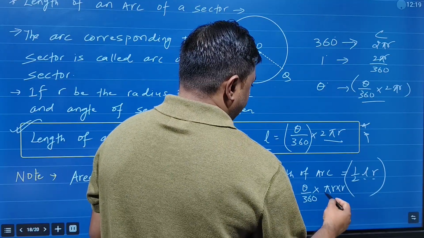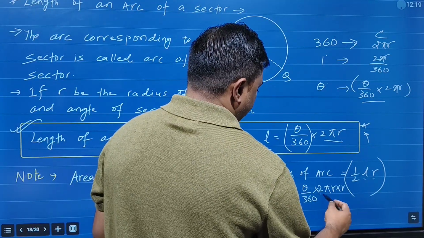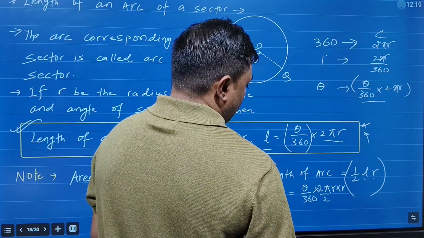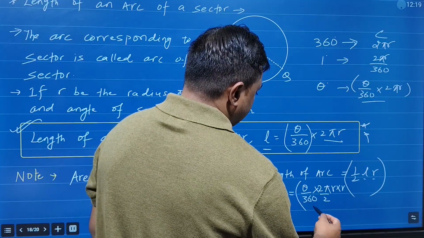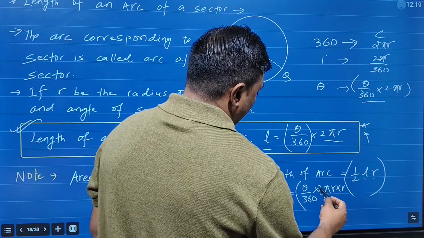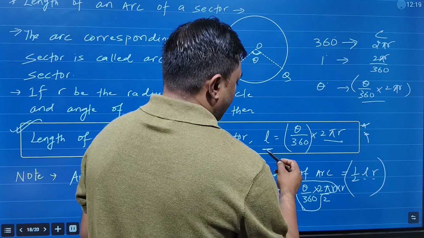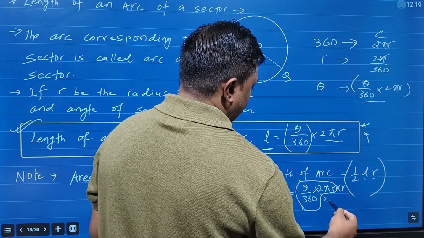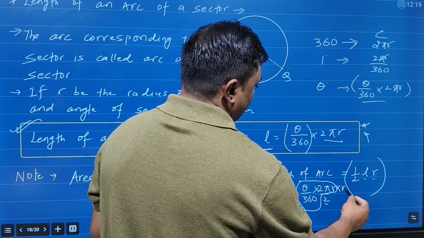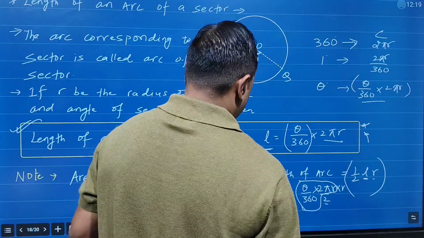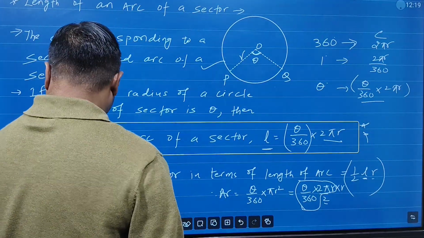Can we multiply by 2 and divide by 2? Yes, we can do. Now you can see this term theta by 360 into 2 pi r is the length of the arc of a circle. So we can write half into r into the length of the arc. Am I clear? Like this we can do.